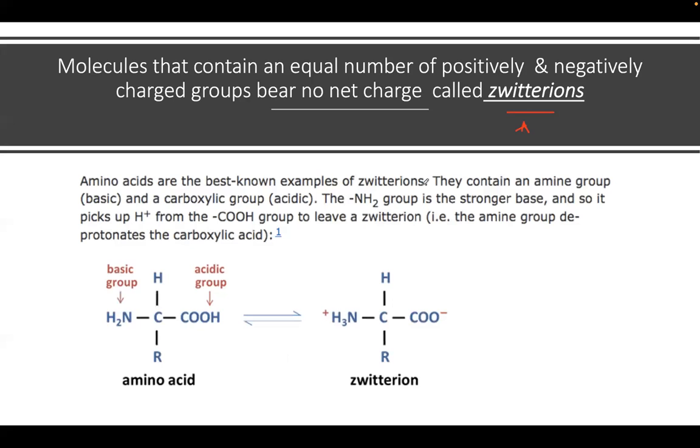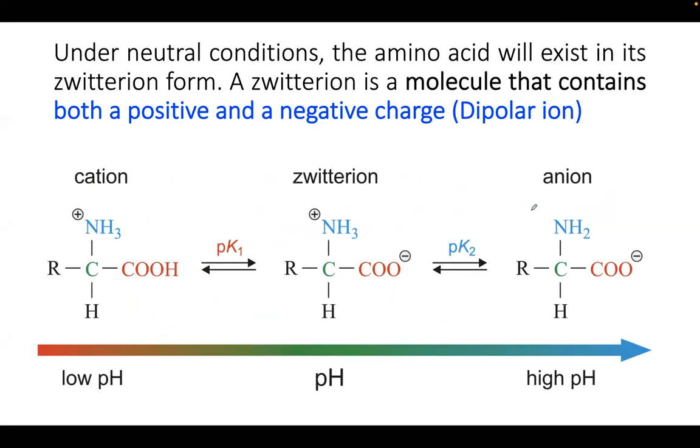So amino acids bear no net charge and have an equal number of positive and negative charged groups. This means amino acids at a physiologic pH of 7.0 exist in a Zwitter ion state. Do not take any biochem exam if you do not know what a Zwitter ion is, okay?